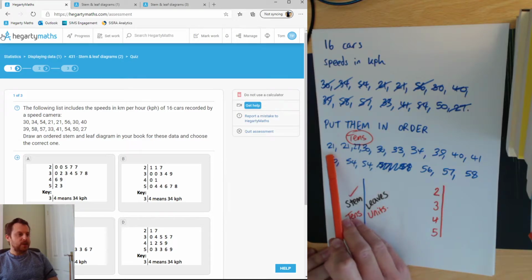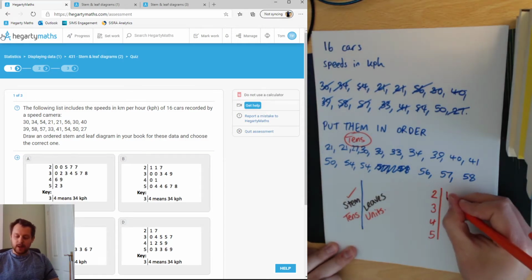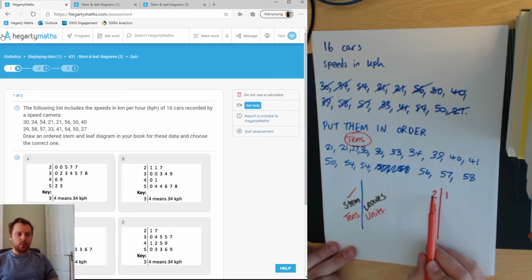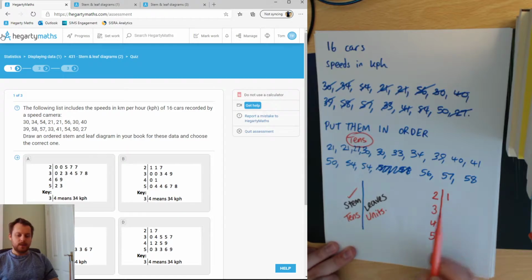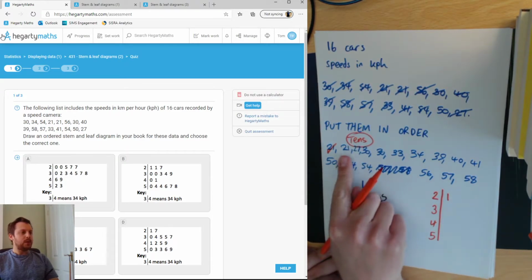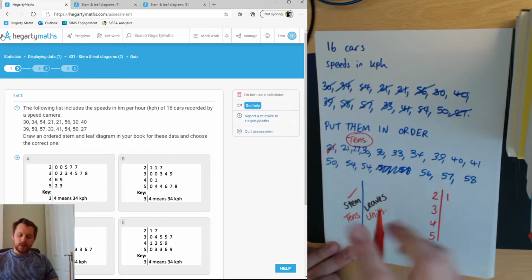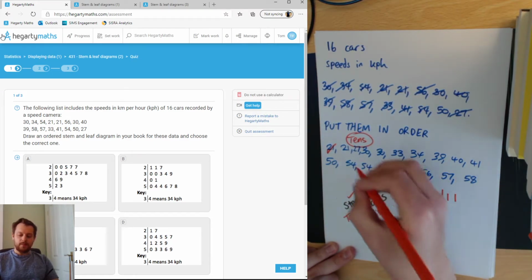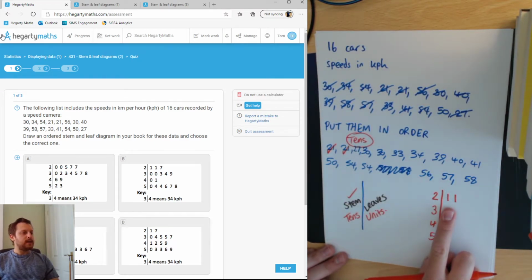So for example, let's start with this 21. It is the first number. So 21, I'm going to write it as 21. So that's that one. There's another 21, so I'm going to have to do that as well. This is how you start to write it.